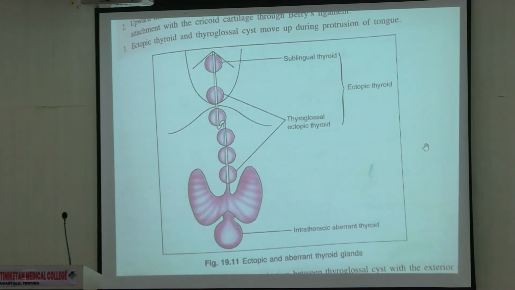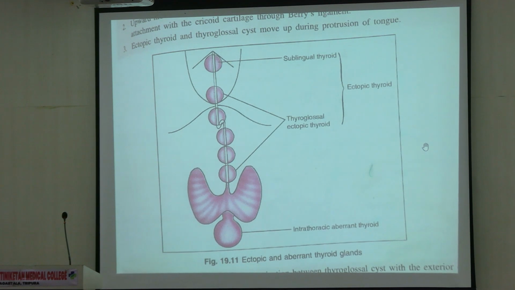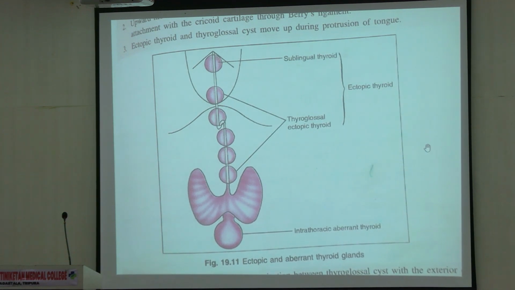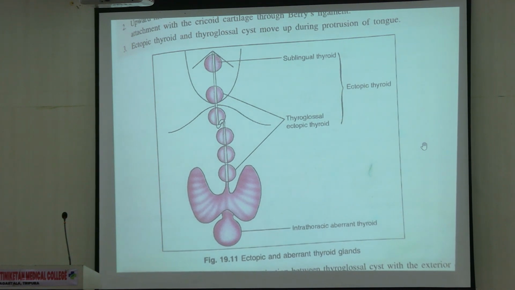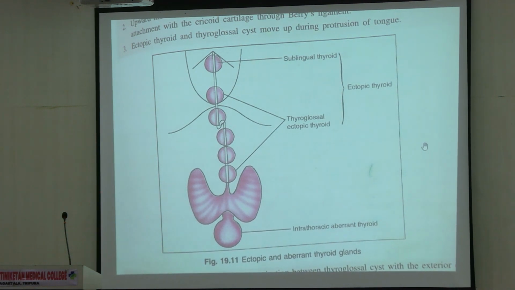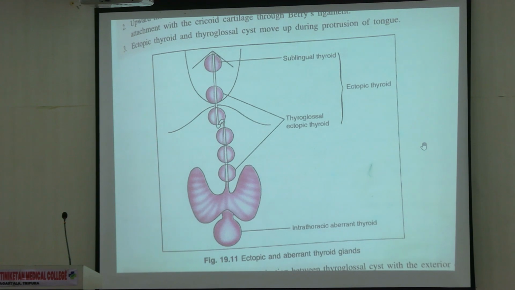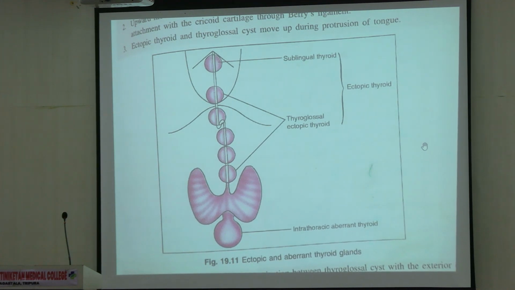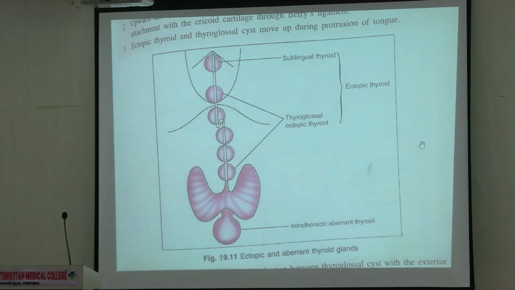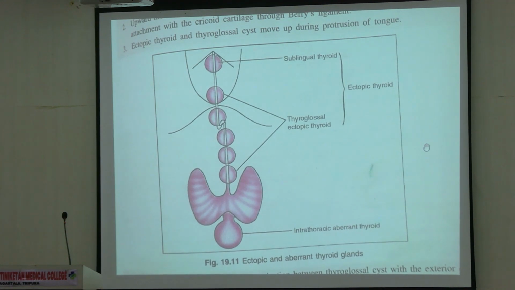Now, if the thyroglossal duct persists somewhere, it may develop a thyroglossal cyst. So if there is any swelling in front of the trachea, that swelling may be a lymph node, or it may be a thyroglossal cyst.